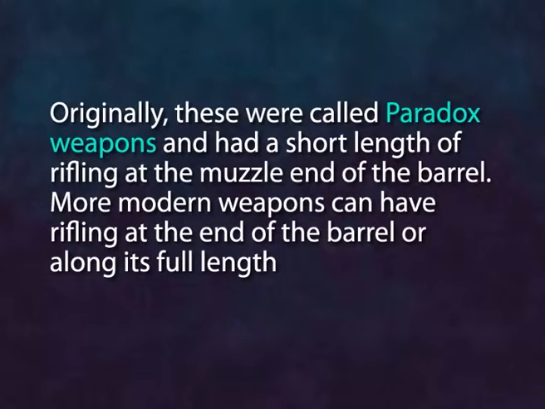Originally, these were called paradox weapons and had a short length of rifling at the muzzle end of the barrel. More modern weapons can have rifling at the end of the barrel or along its full length. Due to the reduced drag and high initial velocity, saboted slugs have significant advantages in external ballistics over a normal shotgun slug.